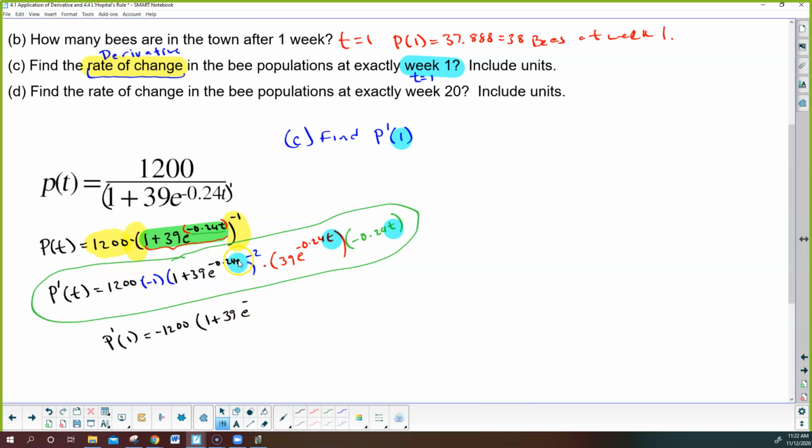And I know that if I plug a 1 in here for t, I'll just get negative 0.24. And same thing here. If I plug in, oh, that should be a negative 2. If I plug in a t being 1 here, that will give me a negative 0.24. And if I plug in a t being 1 here, I don't have to actually physically show that I plugged in 1. And then just grab your calculator, and you can type all that in if you use parentheses correctly. I'll do that quick.